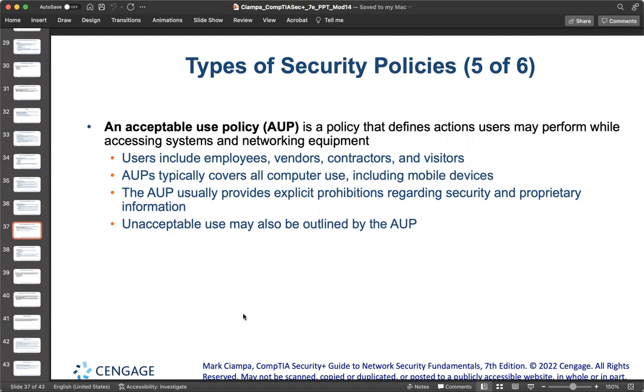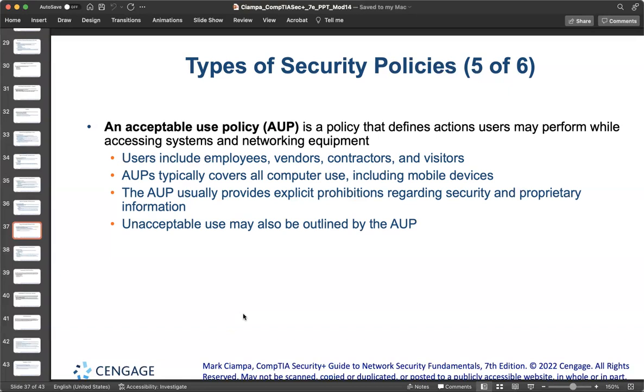These users could include employees, vendors, contractors, and even visitors coming to the company. Acceptable use policies typically cover all computer use, including any kind of portable devices. And the AUPs usually provide explicit prohibitions regarding security and proprietary information.